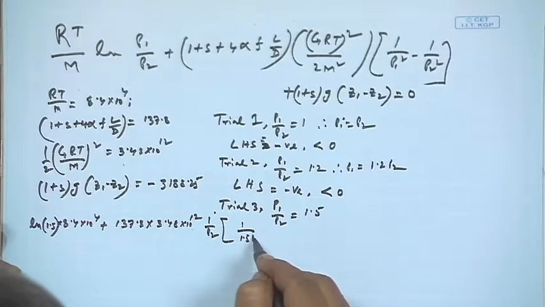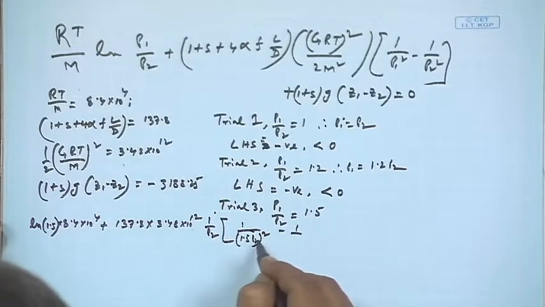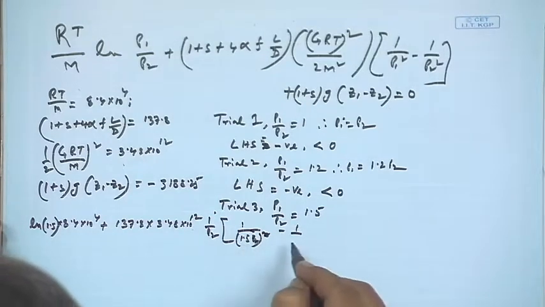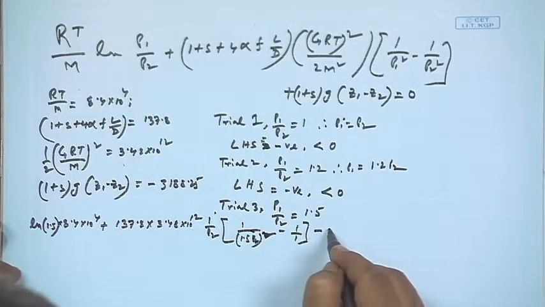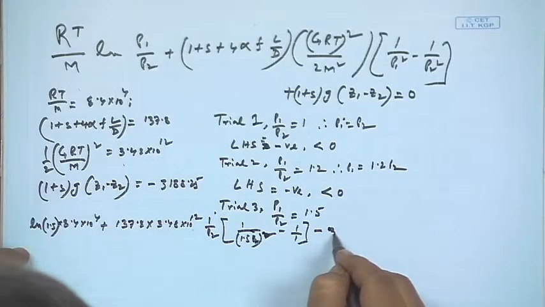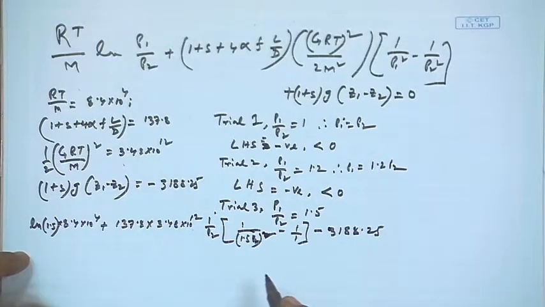1.5 P2 square minus 1 by P2 is already taken out, so 1.5 square divided by 1, minus we had this 3188.25, right.